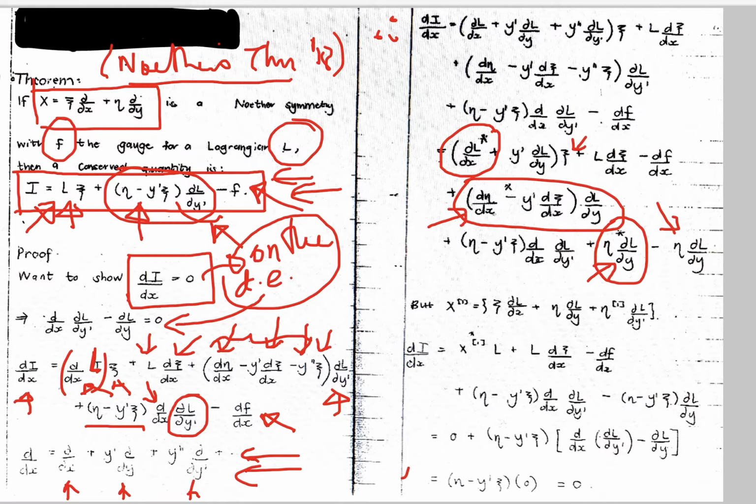first of all, notice that this term here is η1. This is ∂L/∂y' there. So you've got ∂L/∂x times ξ. You've got ∂L/∂y times η, which is circled. Then you've got ∂L/∂y' times η1.